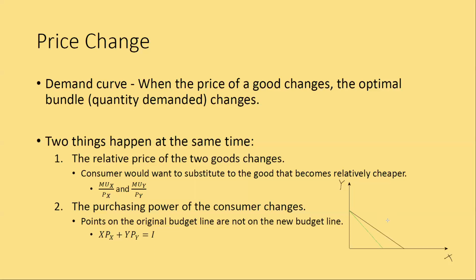In this case, the points on the green line are not spending all the income that the consumer has under the new price, which is the black line. So those points will also not be the optimal points. Therefore, this also means that the consumer will have the incentive to move away from the original optimal consumption bundle.